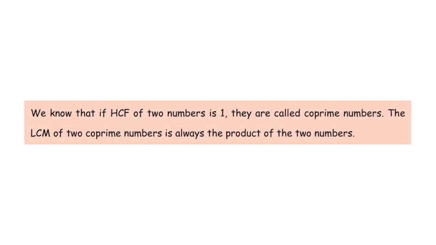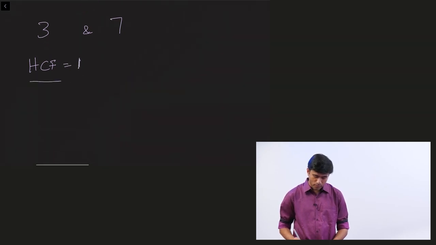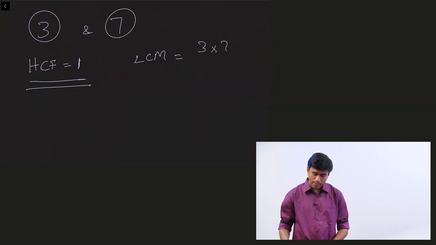So here's the property. The LCM of two coprime numbers is always the product of the two numbers. Let's take 3 and 7. The HCF is 1 because they are coprime numbers. So if the HCF is 1, then LCM is the product of these two numbers, that is 3 into 7, 21.